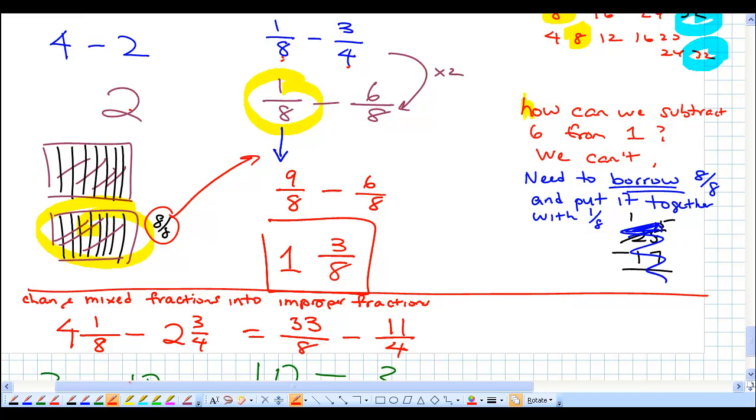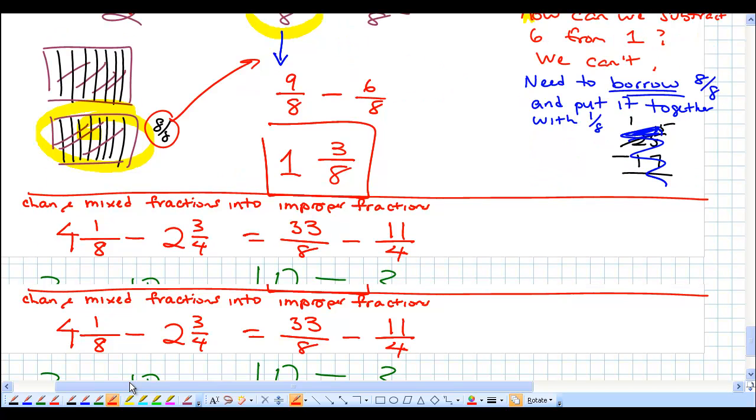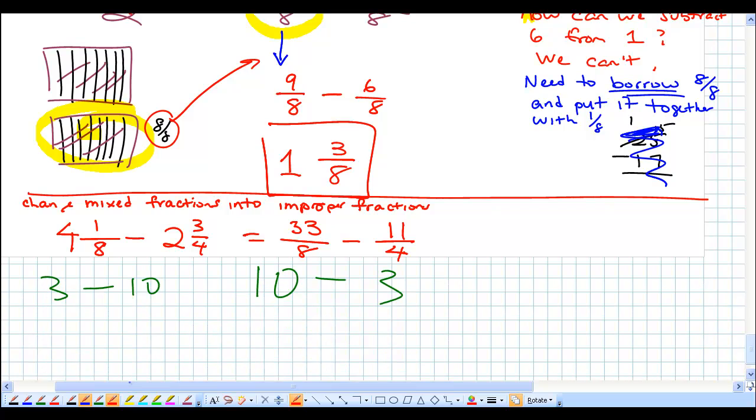Okay? And so when we have changed this into improper fractions, then you don't have to split things up. Now, look at our denominators, and are they the same? No. So just like before, I'd like you to change it into a common denominator. So what common denominator should I use here? 8, thank you. So notice the first fraction stays the same, 33/8. What's wrong with my computer?